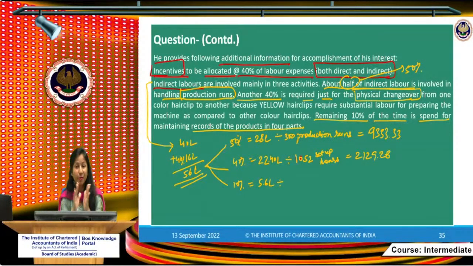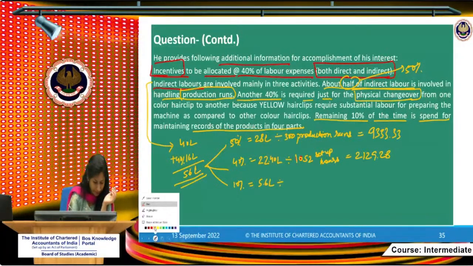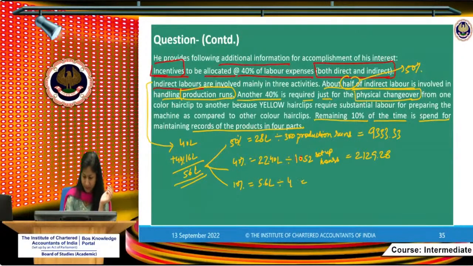We have 4 products and we are maintaining their records separately, so it would be divided by 4. 5,60,000 divided by 4, we get 1,40,000 per product.